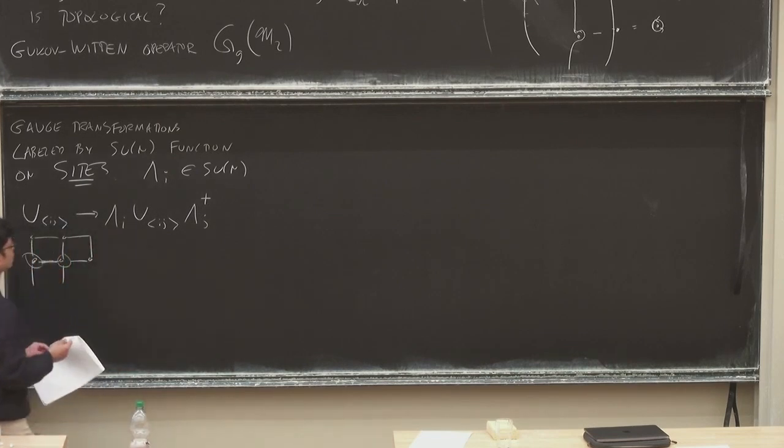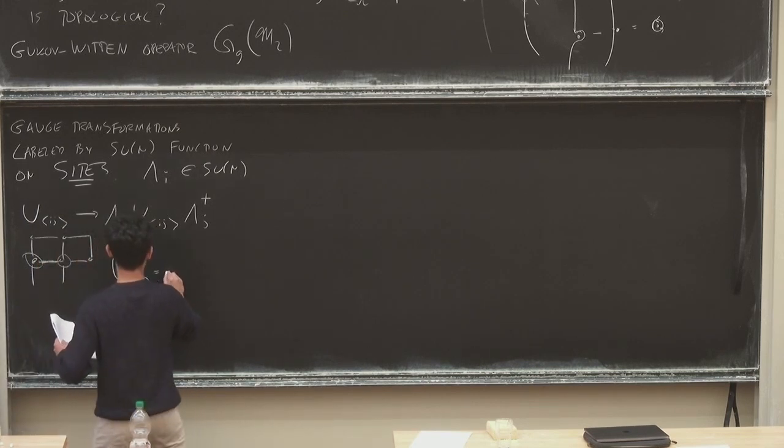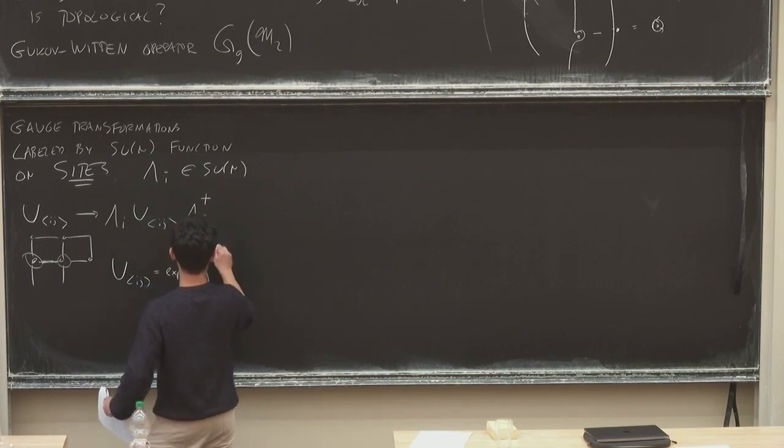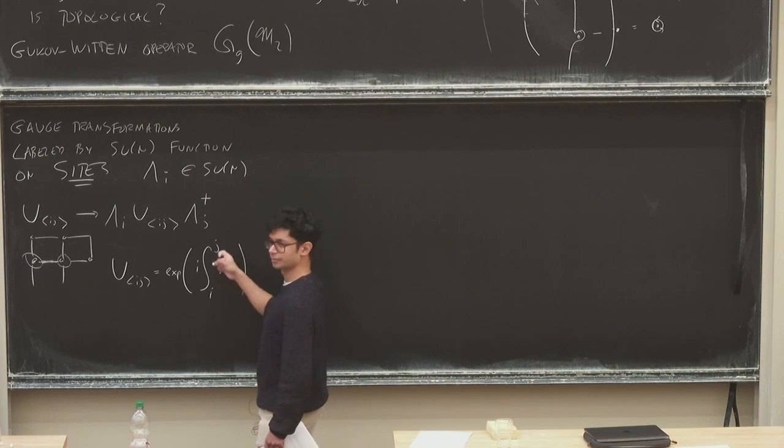Okay? So morally speaking, to make the connection with the continuum, you see U is like a tiny little Wilson line going from here to here, okay? So in other words, the way to make the connection with the continuum is U_ij should be understood as being the exponential of the continuum gauge field going from site i to site j, okay?